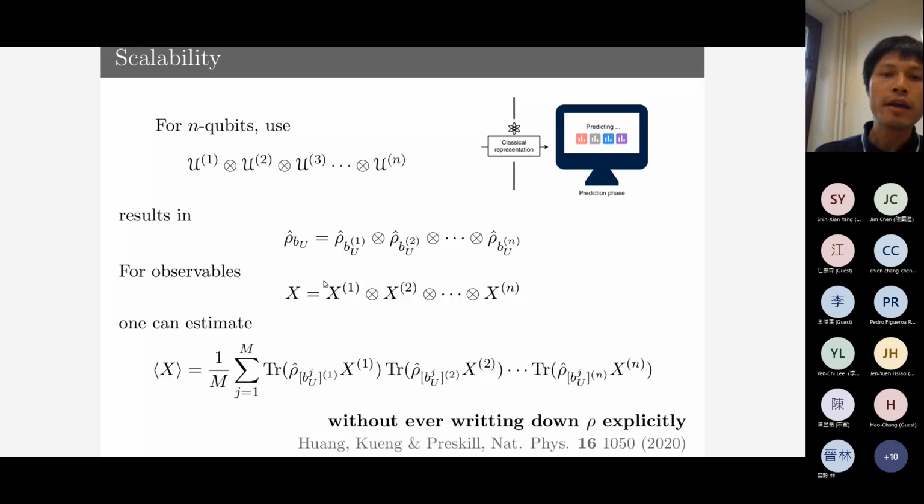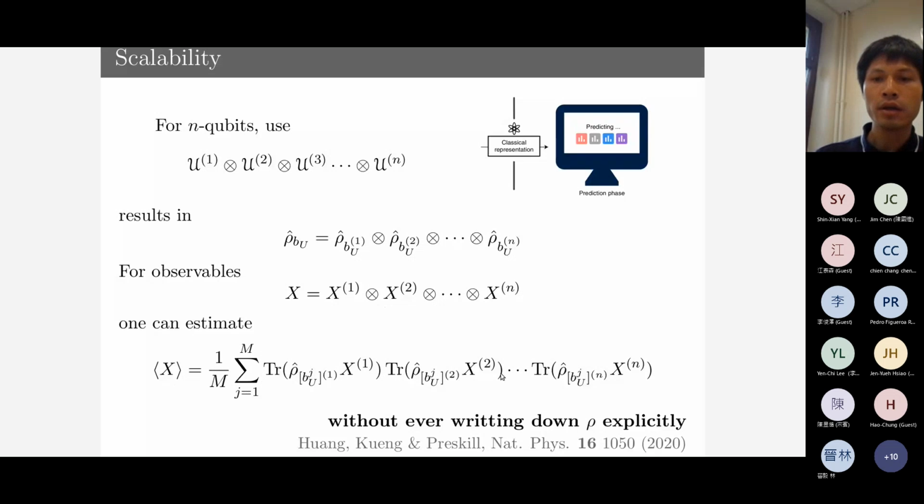And now, if the observable that you are interested in is of this form, so you also have a tensor product over different qubits, you can actually do it quite directly, because now you take the trace of rho b-u and x, and it simply factors out over each of the qubits. So at the end of the day, the average of x you have to estimate is an average over the whole data set.